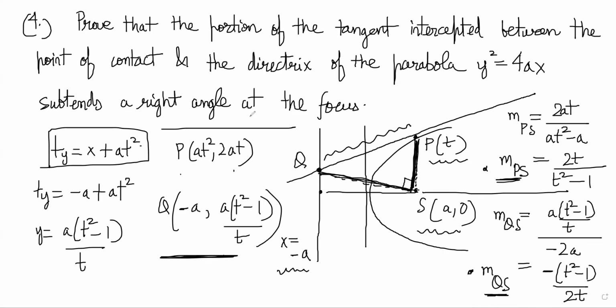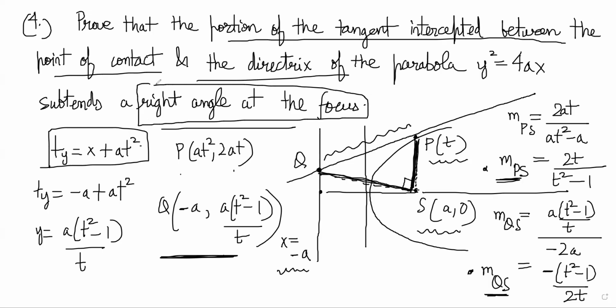And therefore we have proved that the portion of the tangent intercepted between the point of contact and the directrix subtends a 90 degree angle at the focus, right? By the way, this also means that if you draw a circle with diameter PQ, then S lies on the circle. Think about it.